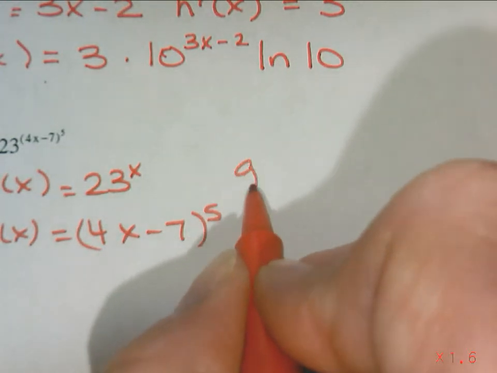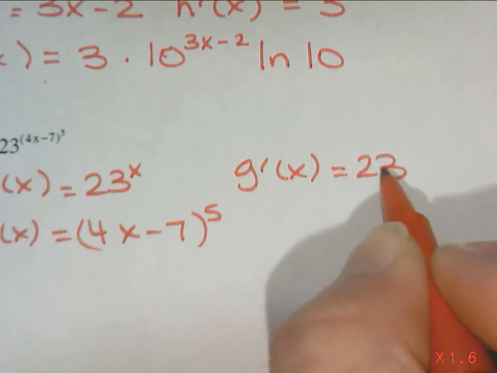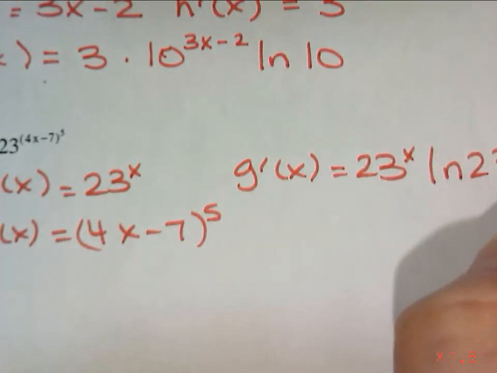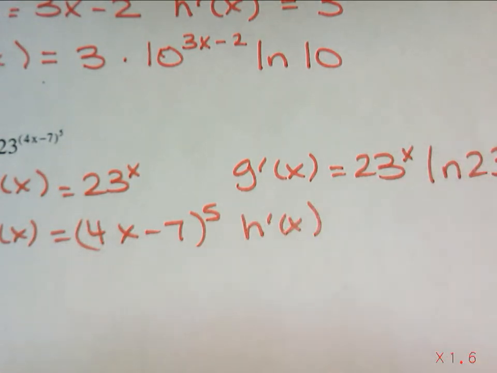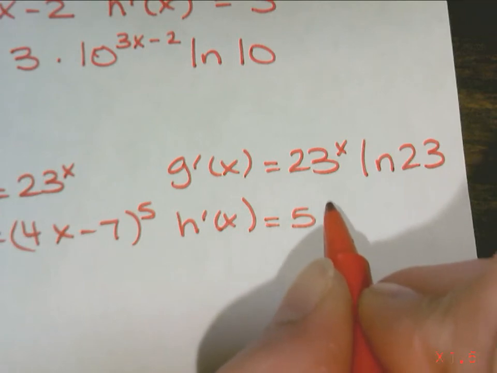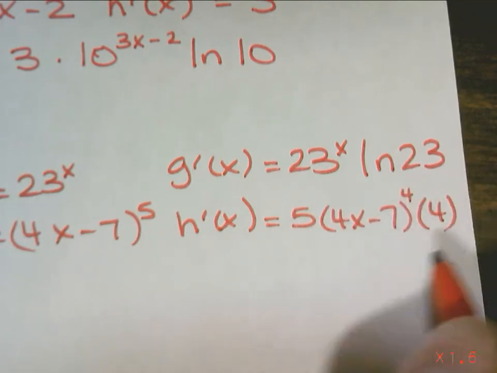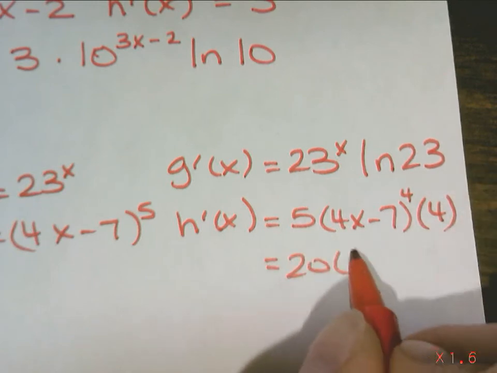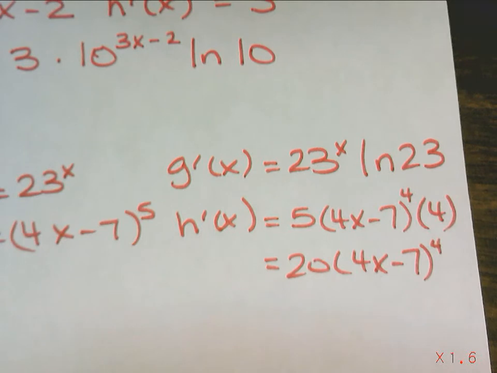If I take this derivative, I get 23 to the x ln 23, and the derivative of this part is (4x minus 7) to the power of 4 times 4 times 5, which simplifies to 20 times (4x minus 7) to the power of 4.